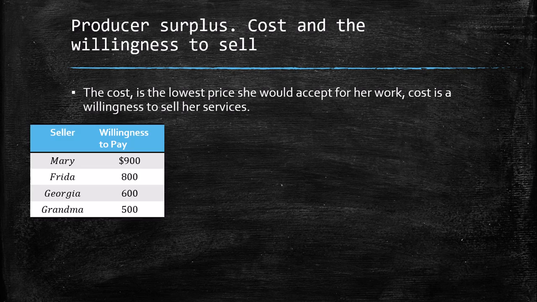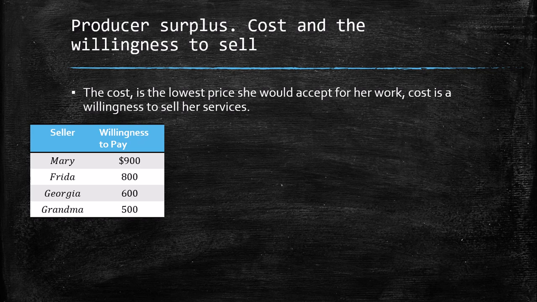So here we have an analogous case, but we are now analyzing the part of the seller. Here we see a positive relation between the price and the quantity offered, because of the law of supply. The law of supply basically says when the price goes up, you are more willing to offer the service. You have more profits.